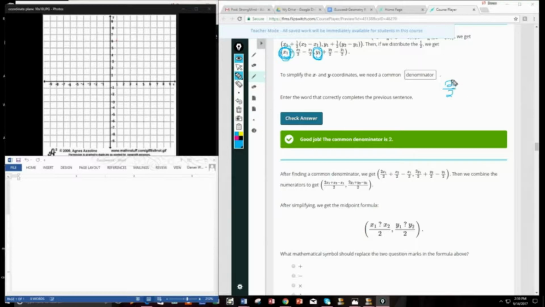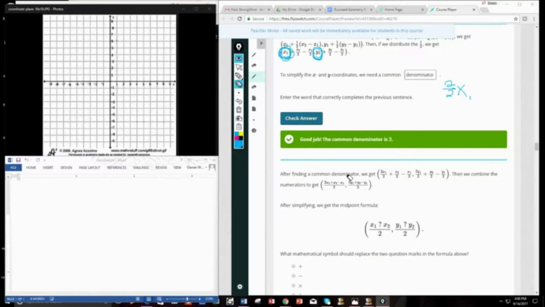So what they did is they did x sub 1 times 2 over 2, which ends up giving us 2 times x sub 1 all divided by 2. And they did the same thing for y sub 1. Because they wanted the common denominator to be 2, they multiplied y sub 1 by 2 divided by 2, which gives us 2 times y1 divided by 2. If you notice, your numerators stick together and your denominators stick together.